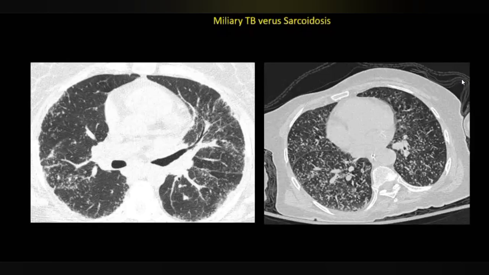In the micronodular pattern, we have three types of distribution: the random distribution, the perilymphatic distribution, and the centrilobular distribution. In the centrilobular distribution, the first thing is to check the surface of the pleura.